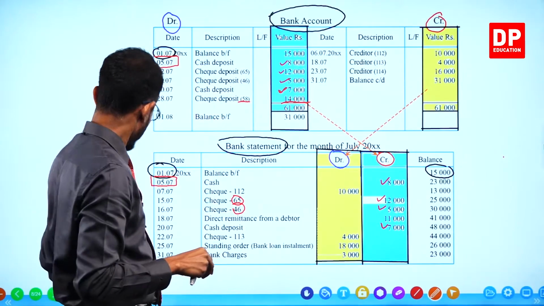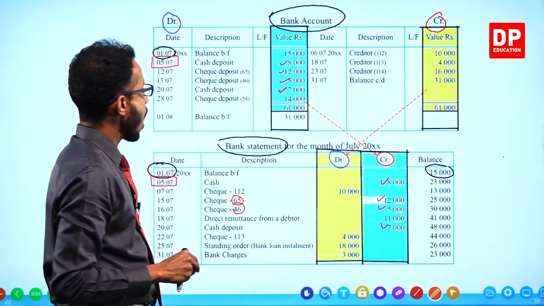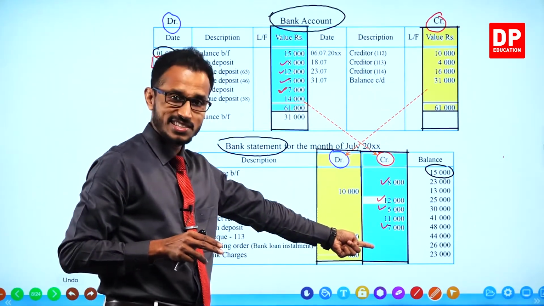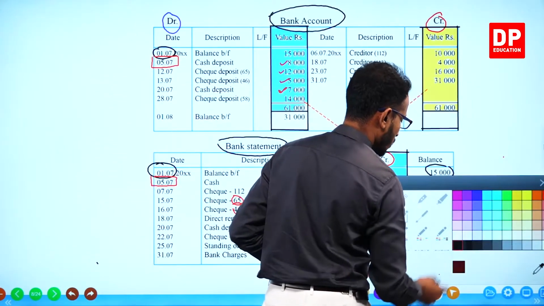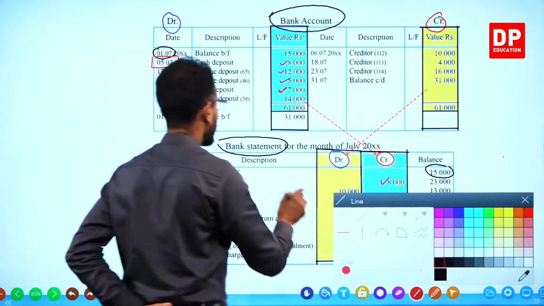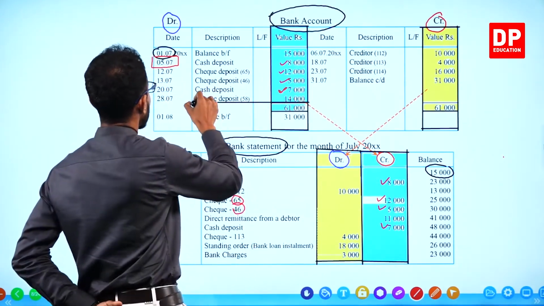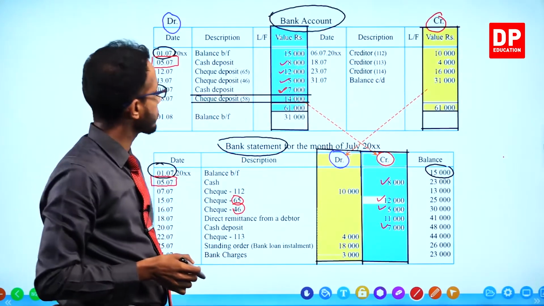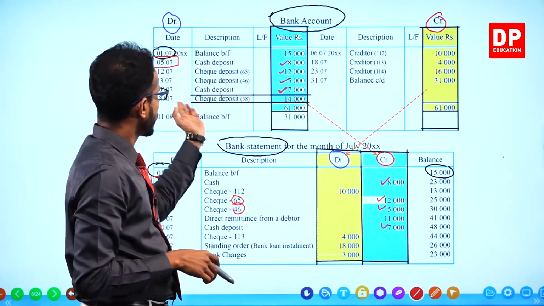What we have to do is don't mark, don't tick, because it's not mentioned in the statement. We will underline it. Shall we? Yeah, better we underline it. Okay, 14,000 check deposit. It's not there. So I squared it.